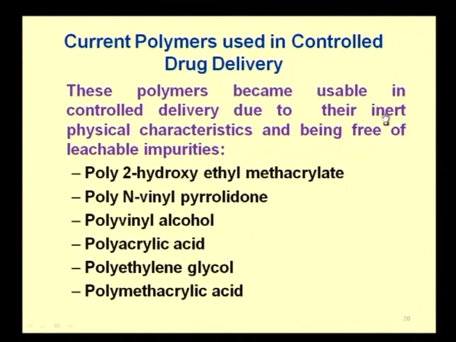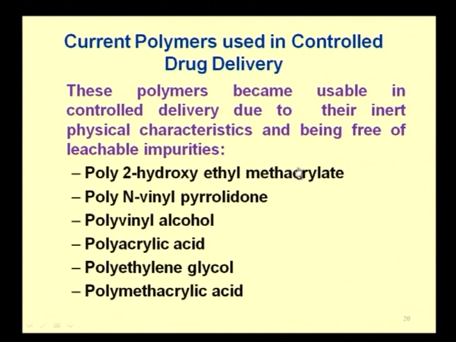And now the current polymers that are being used in controlled drug delivery became usable in controlled delivery systems due to their inert physical characteristics and being free of any leachable impurities.